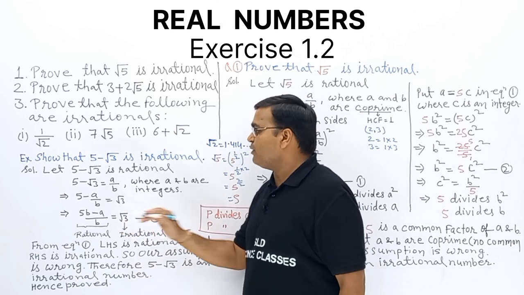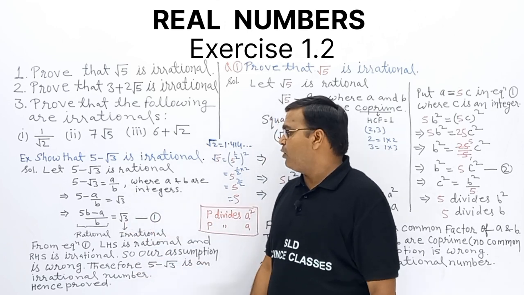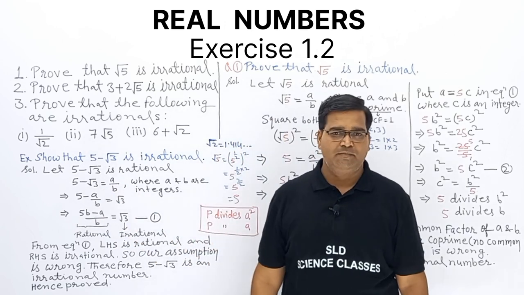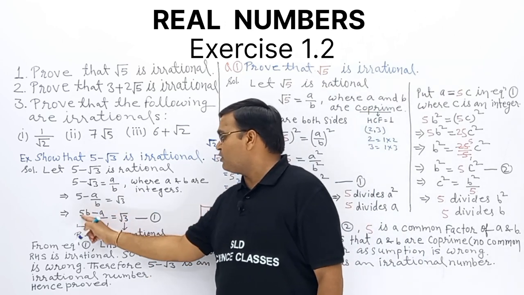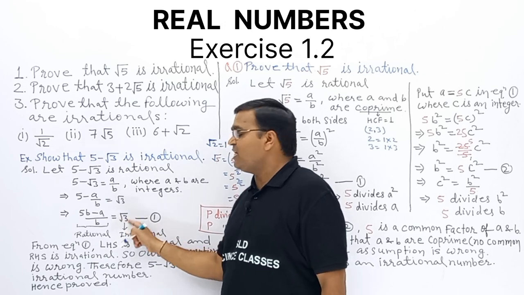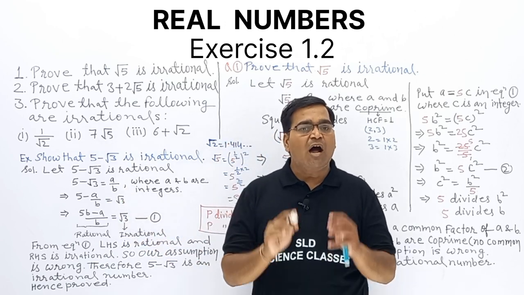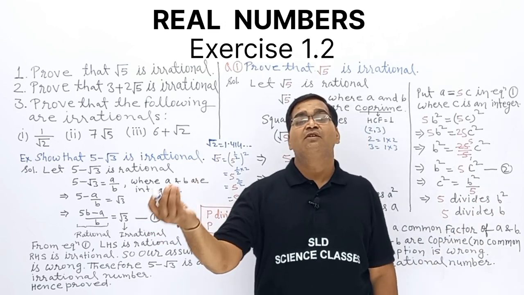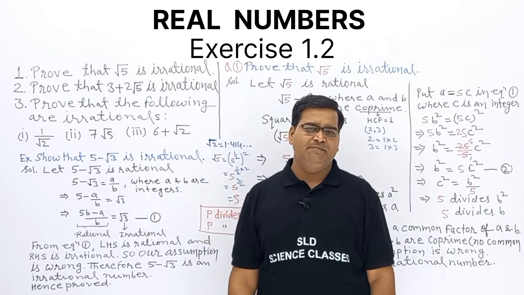Now observing this equation, the left hand side is rational and root 3 is irrational. How can one side of an equation be rational and the other side irrational? How is it possible?